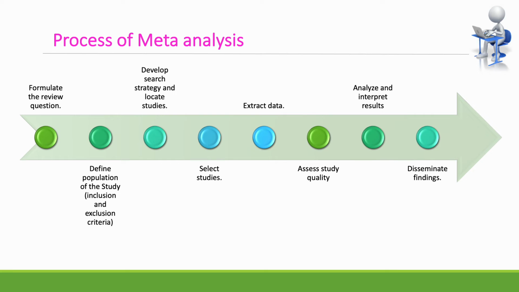Next, we assess the study quality, and we usually input the extracted data in RevMan, where RevMan analyzes and then we interpret the results. From this interpretation of the results, we now write the whole meta-analysis extracted from RevMan and disseminate the findings of these different randomized controlled trials included in the meta-analysis.